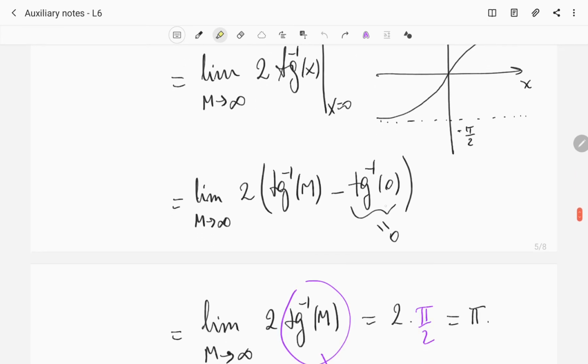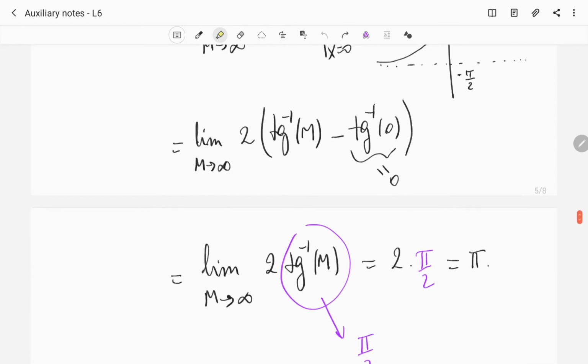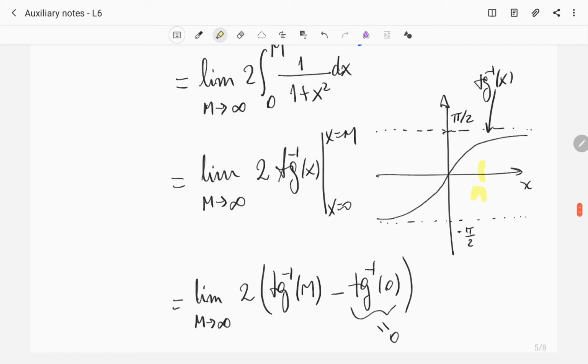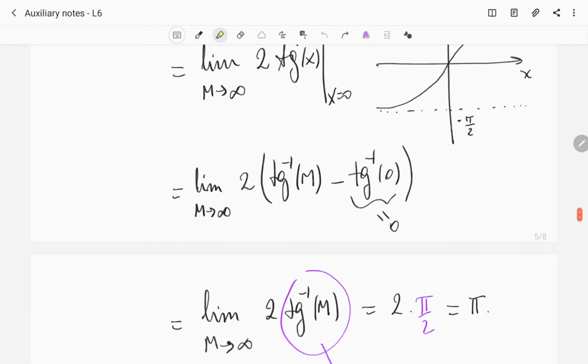So we have 2 times this is 0, so this is the term that survives. And now if you look at the graph, and here was our m, and then m goes to infinity, then the graph of the function is going to pi over 2. So that's the limit when m goes to infinity.